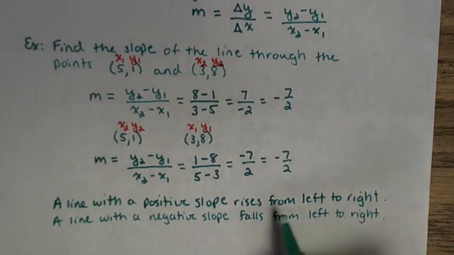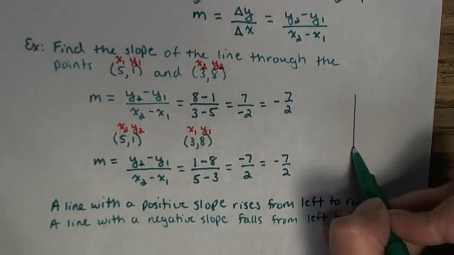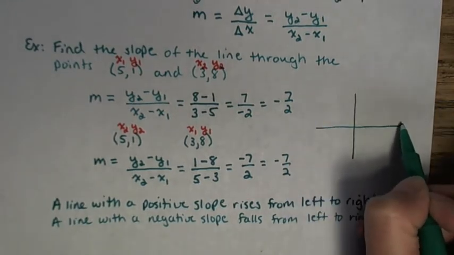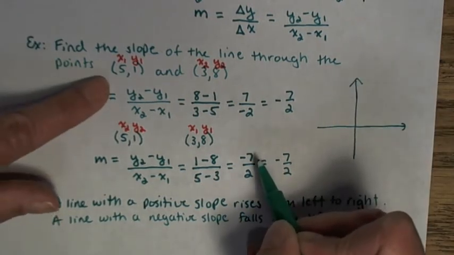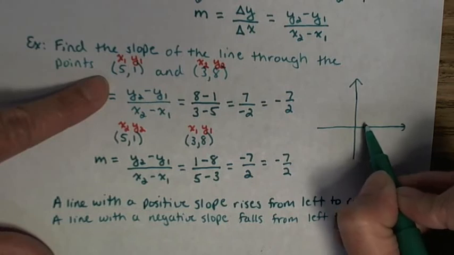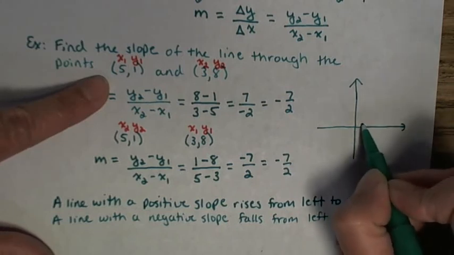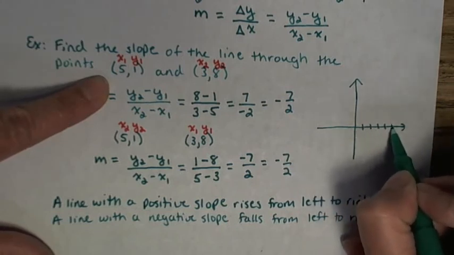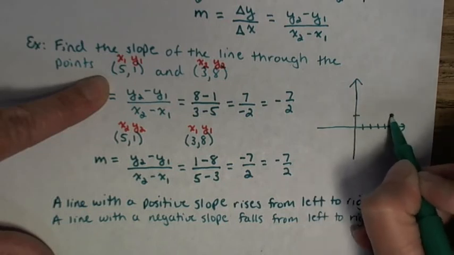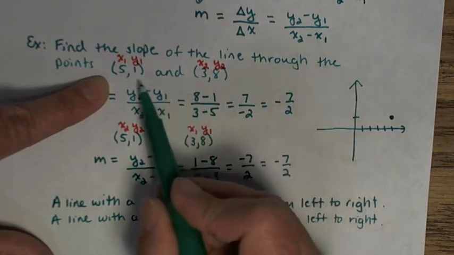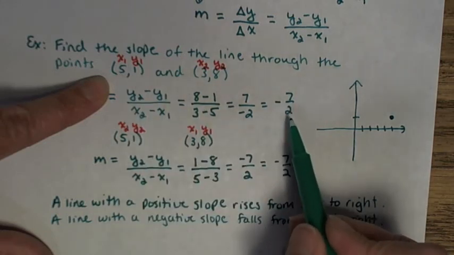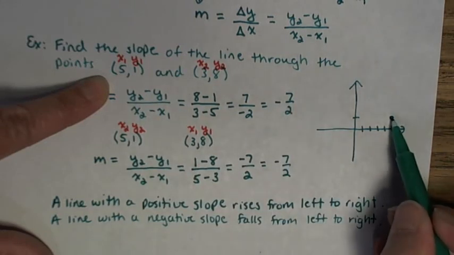So if I look at an example of what would happen with this particular line that we have right here, let's suppose I start with the point 5,1. There is that particular point, and I could say I need to go down 7 units.